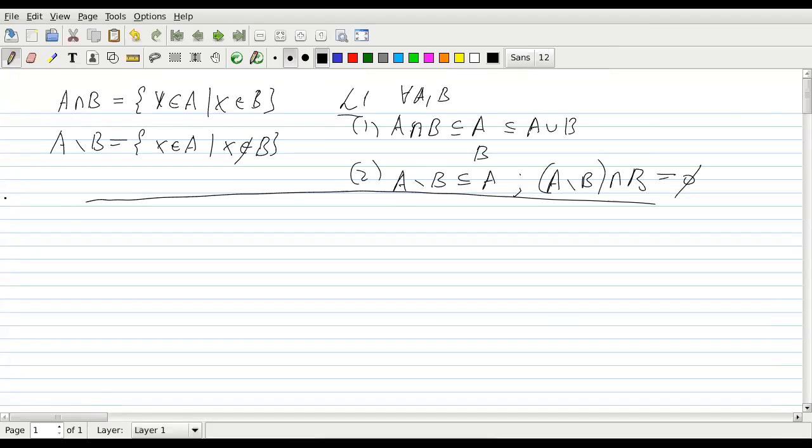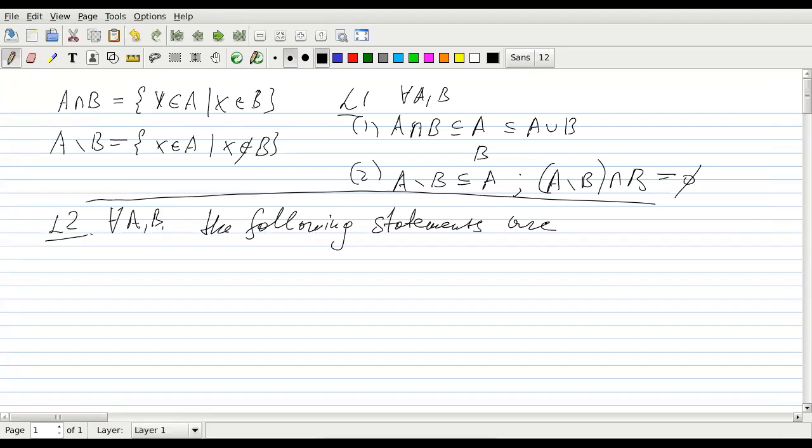And now we are going to prove a very useful fact, namely the following one. For every two sets A and B, the following statements are equivalent.